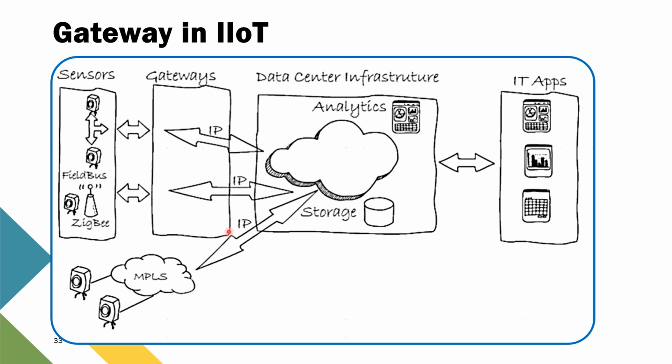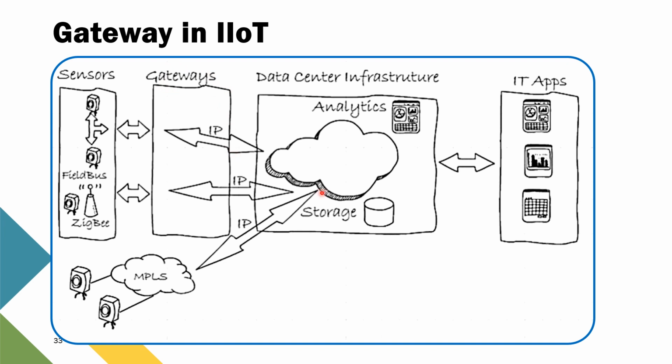If not, when all the data comes into the data center in different protocols, it will be very difficult to sort and analyze. So the gateway plays the role of sorting and eliminating data that is not reliable or is redundant at this stage.